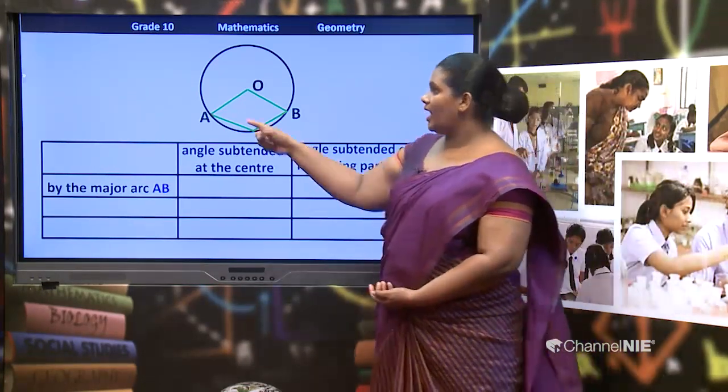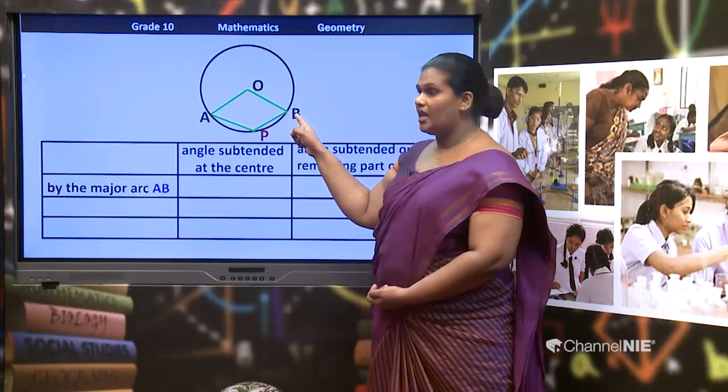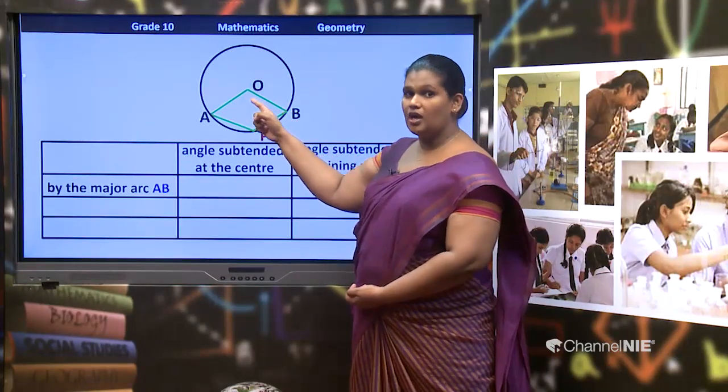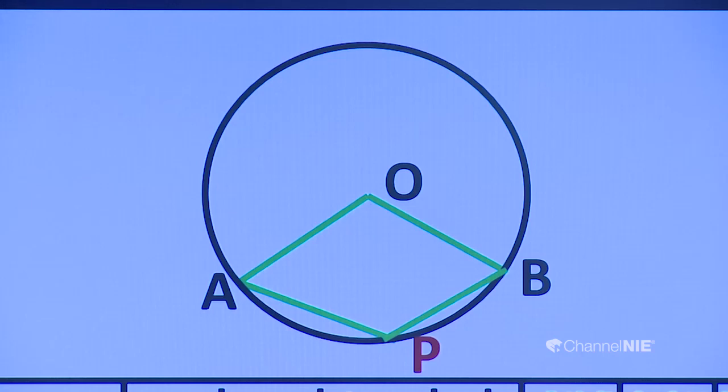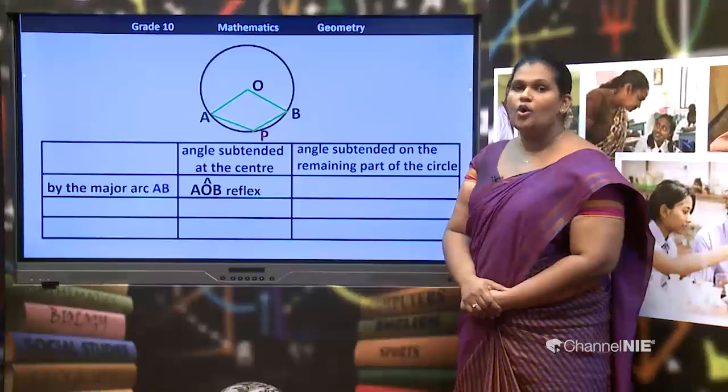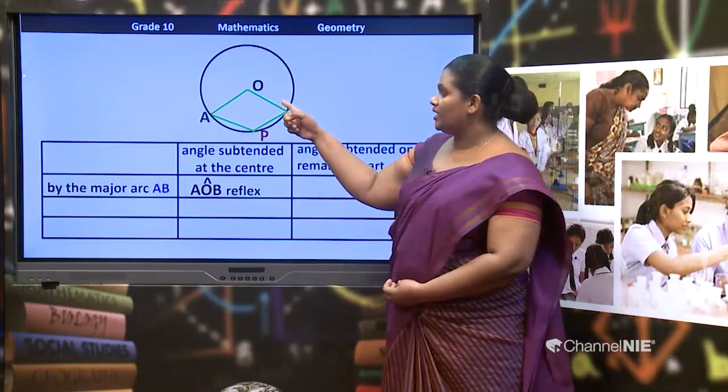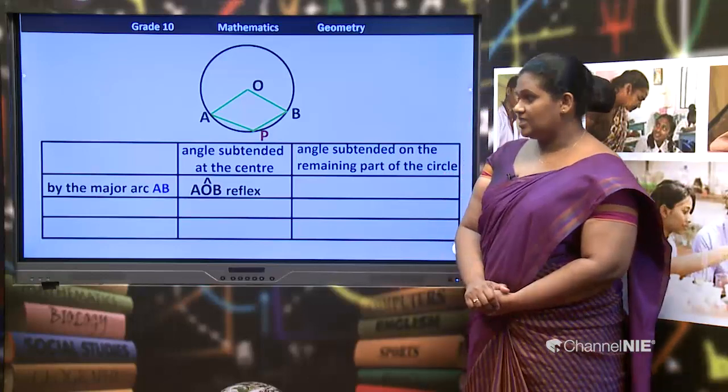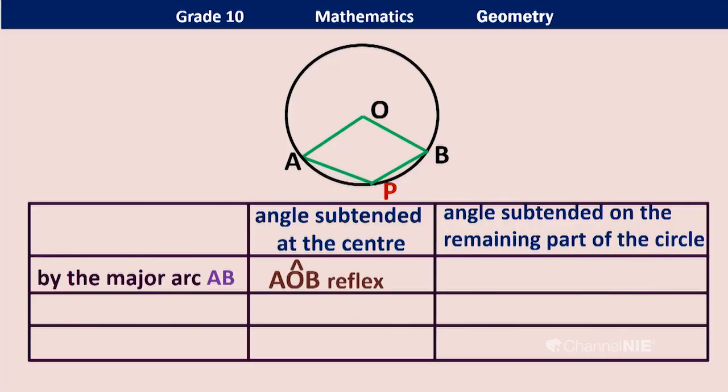When I consider angle AOB, I can have the smaller one or the larger one. Therefore, we have to mention it clearly as the reflex angle AOB. Now, here the angle subtended at the center by the major arc AB is the reflex angle of AOB.